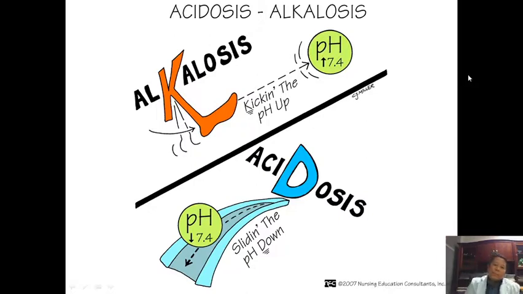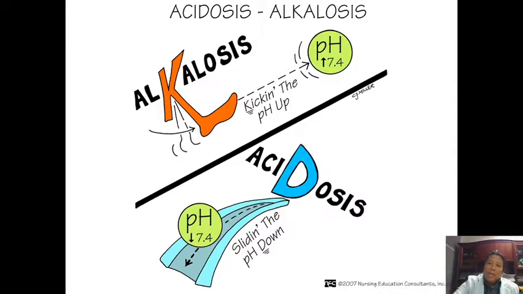So again, any increase in the blood pH higher than 7.45 can lead to alkalosis. 7.4 is the pH of any solution considered as neutral. But again, in the blood, it's between 7.35 to 7.45.